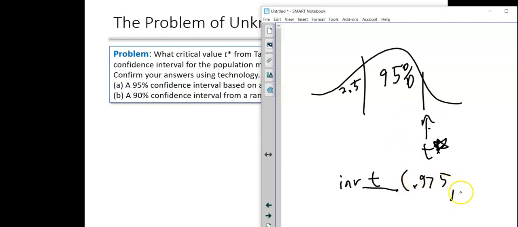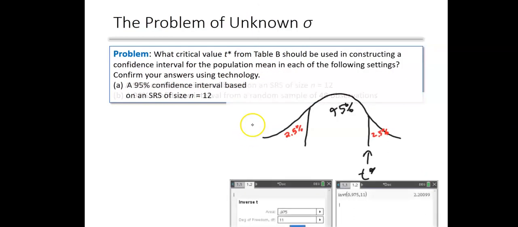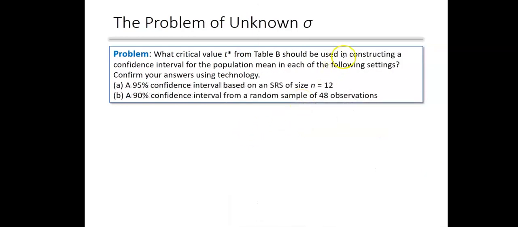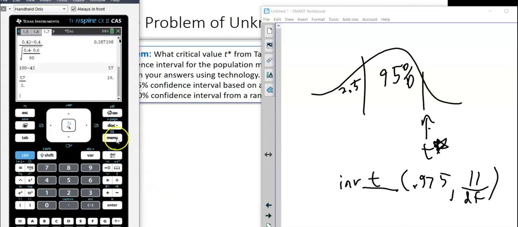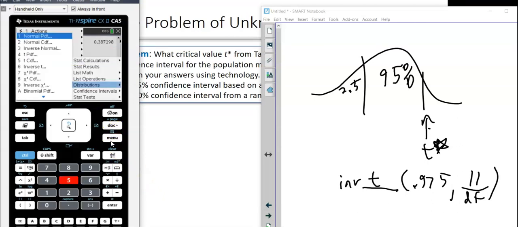And there's one other thing you have to put. You have to put the degrees of freedom here. Because on this one the sample size n equals 12, we're going to say the degrees of freedom is 11. So n minus 1 is the formula for degrees of freedom. You get your calculator out, and we're going to type that in there. I hit menu, 6, I think it's 5.